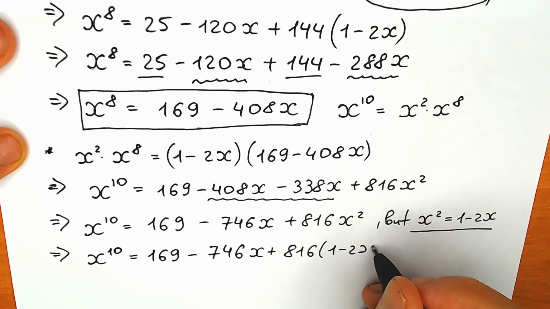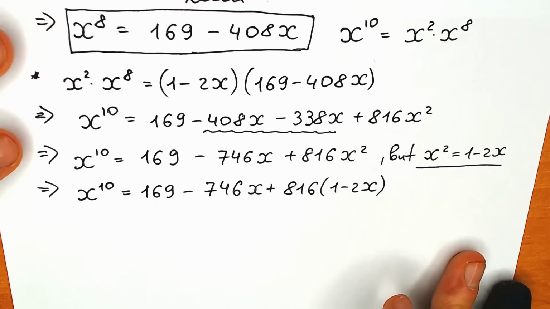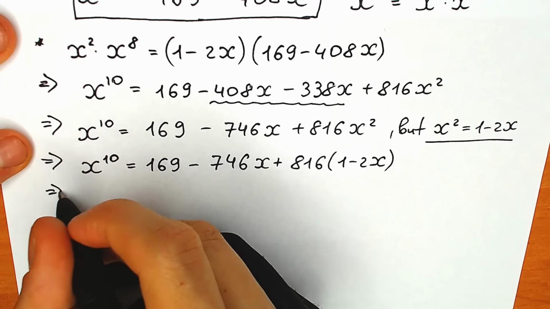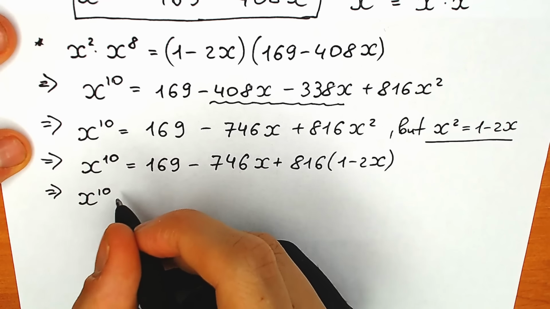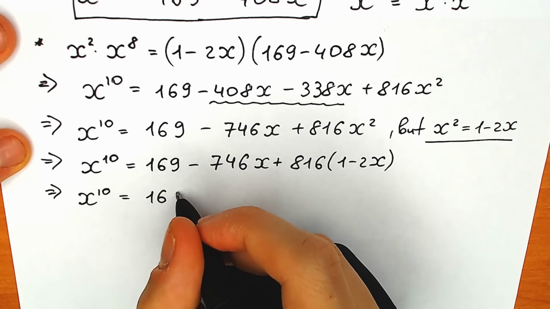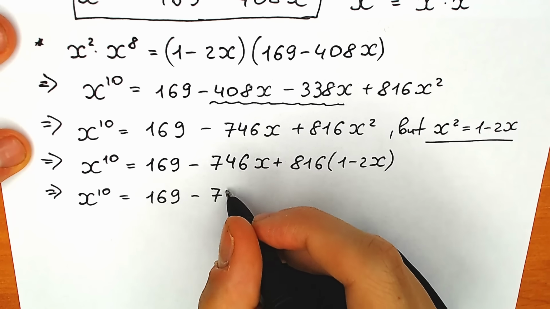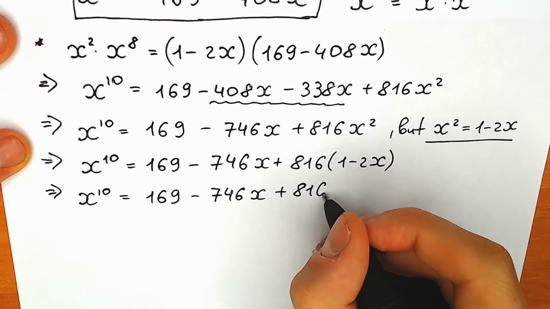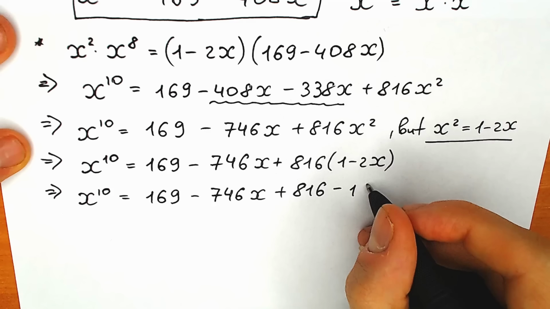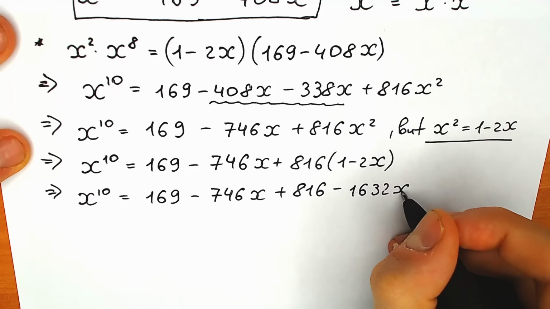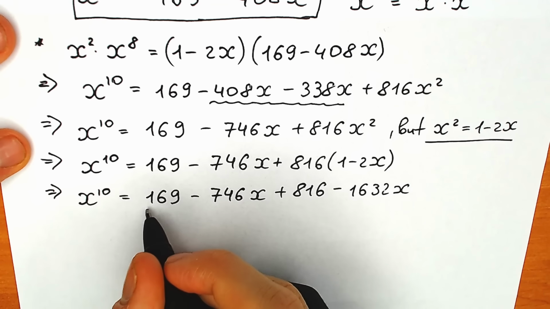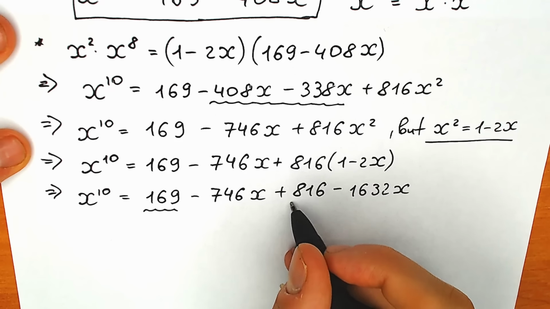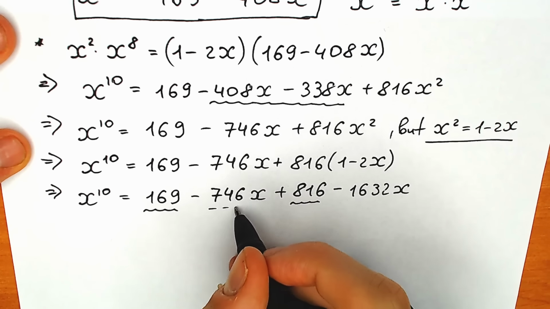Okay, so let's simplify this. x to the power 10 on the left side equal to 169, so the same beginning, minus 746x plus 816 and minus 1632x.